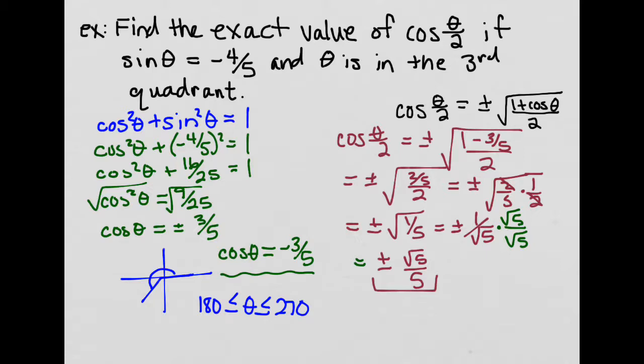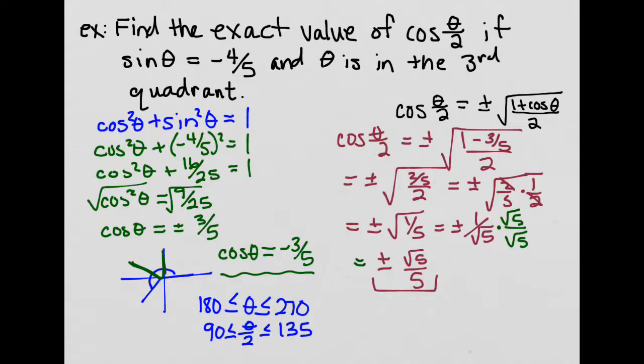So to figure out where theta halves is, we basically can just divide this inequality all by 2. 270 divided by 2 is 135. 180 divided by 2 is 90. So this angle is somewhere between 90 degrees and 135 degrees, which is somewhere over here.